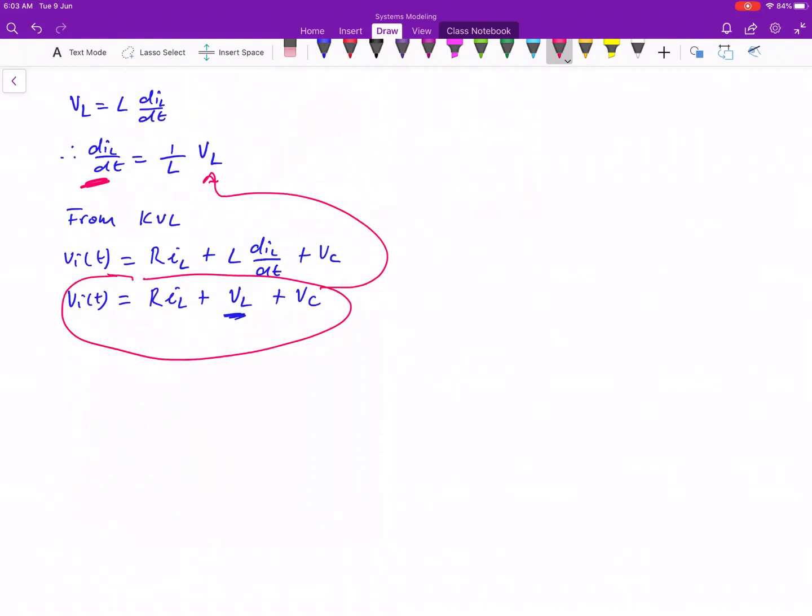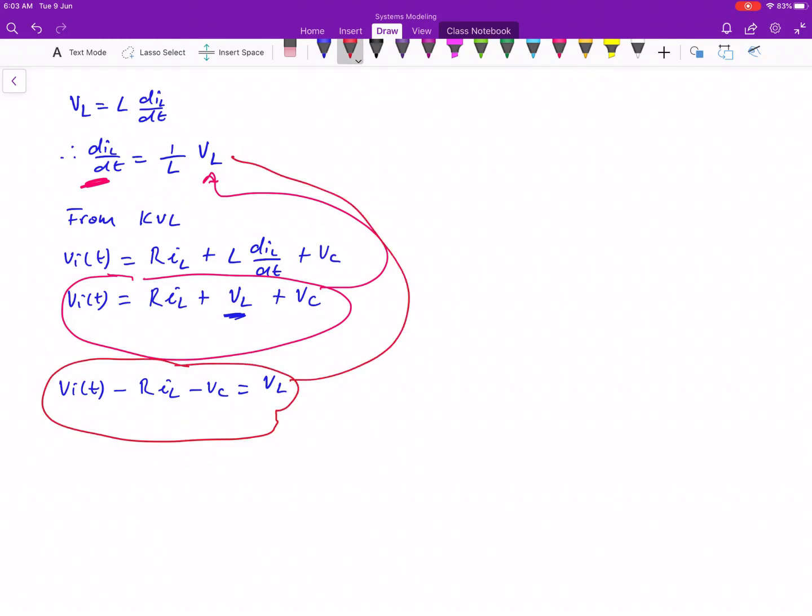So if we do that, we have input voltage minus R IL minus Vc is equal to VL. Now I can put this equation in there. Then we have dIL dt is equal to 1 over L times our input voltage minus R IL minus Vc.